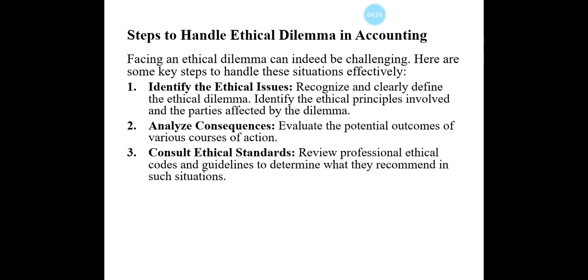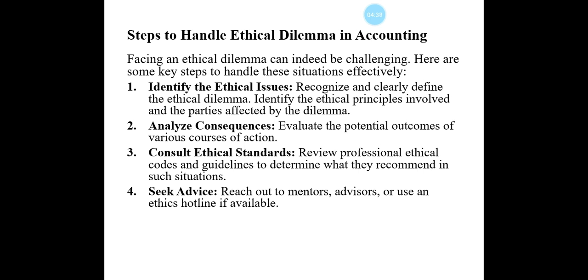The second step is to analyze consequences. Here, the accountant is going to evaluate the potential outcomes of various courses of action. The third step is to consult ethical standards. Here, he is going to review professional ethical codes and guidelines to determine what they recommend in such a situation.